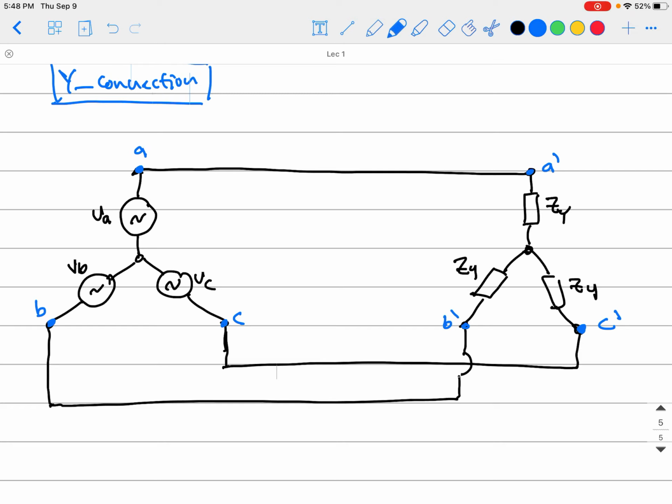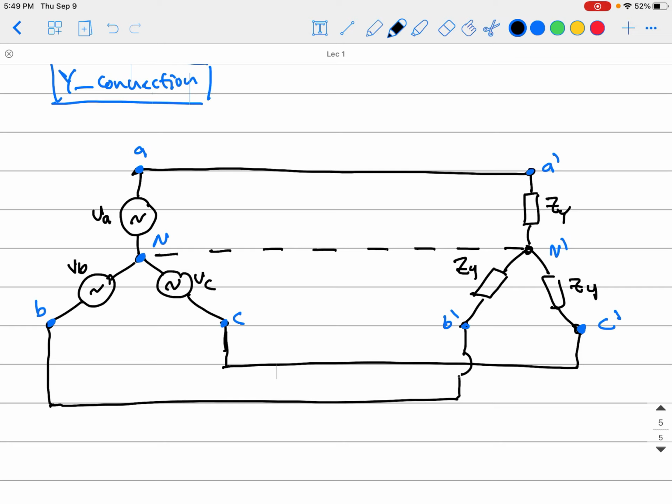Okay guys, and the connection point between them, we call it N, the neutral point, like we said before. And this will be connected also with the other neutral point, call it N dash, and I will draw it with dashed lines just to keep it in your mind all the time. That is the neutral line.